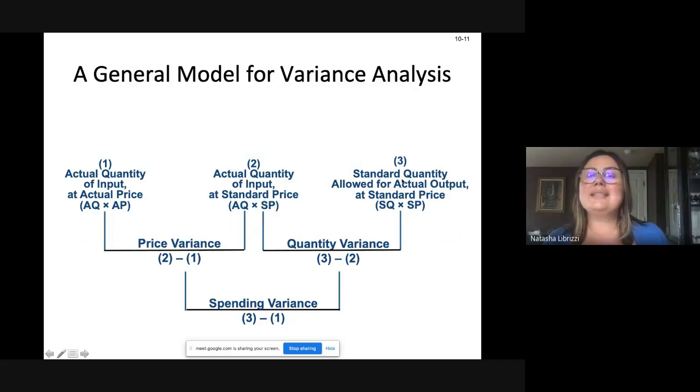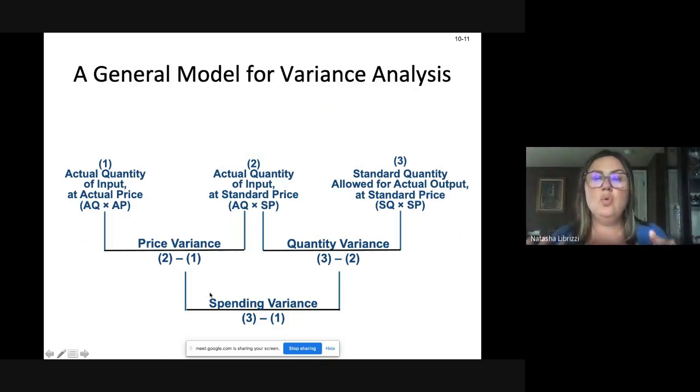So this creates a price variance. Now, what should be a standard time spent on a job? What should be standard material used on a job? So actual quantity of input times standard price versus standard quantity allowed for actual output at standard price is going to give you quantity variance. The sum of price variance and quantity variance is going to give you spending variance, and the difference between actual quantity at actual price and standard quantity at standard price gives you spending variance.